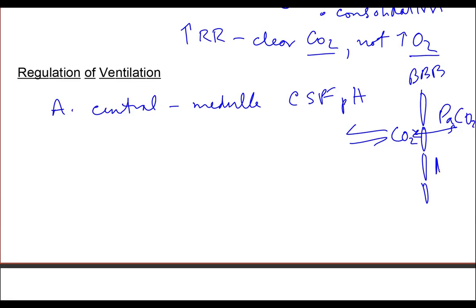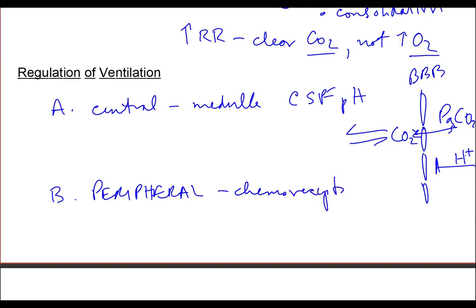The critical fact to remember is acid does not cross the blood-brain barrier. So if you get a metabolic acidosis, it's going to take a long time for the central system to respond to it. The central system responds to the blood CO2. In addition to the central medullary, there are also the peripheral regulatories. And the peripheral regulation occurs with chemoreceptors found both in the carotid body and in the aorta.